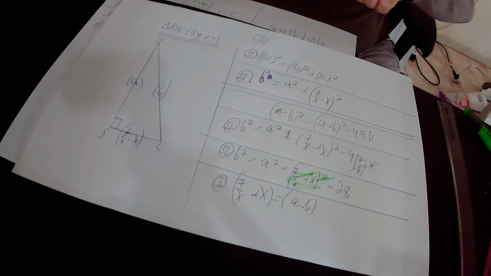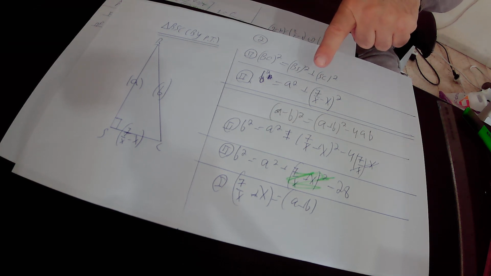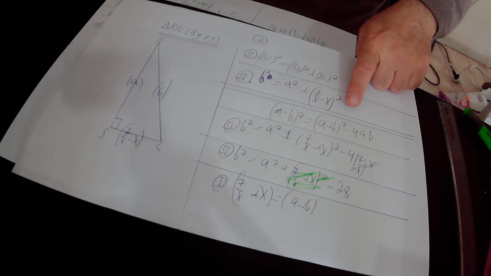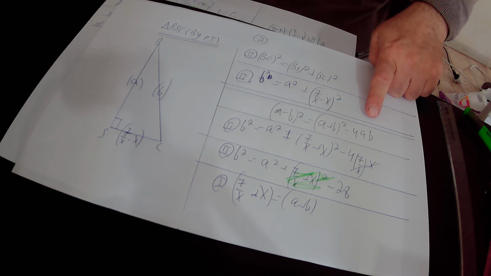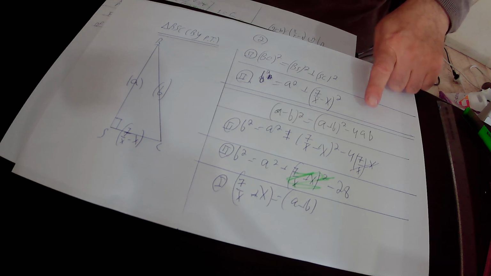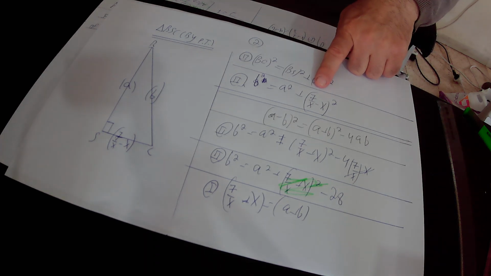Here we use the algebraic identity that states that (a minus b) squared equals (a plus b) squared minus 4ab. We use this identity for the expression (7 over x minus x) squared.